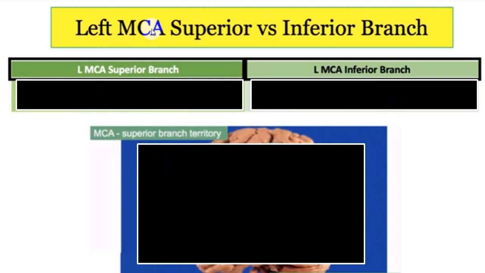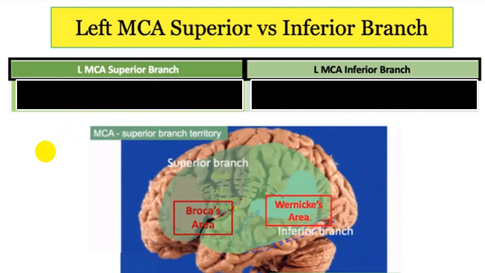In left side middle cerebral artery, superior versus inferior division: the superior division will supply the parietal lobe part, while the inferior division will be supplying the frontal lobe area. So Broca's area will be supplied by the inferior branch, while Wernicke's area will be supplied by the superior branch.